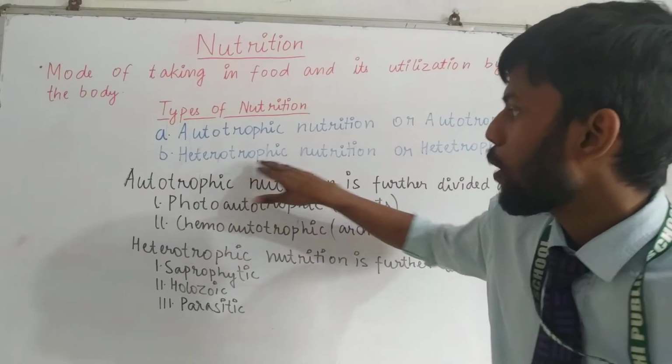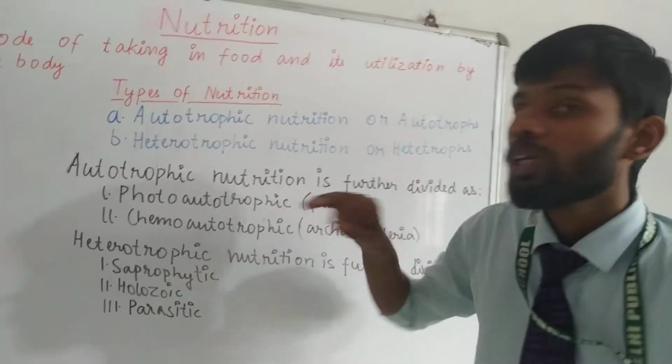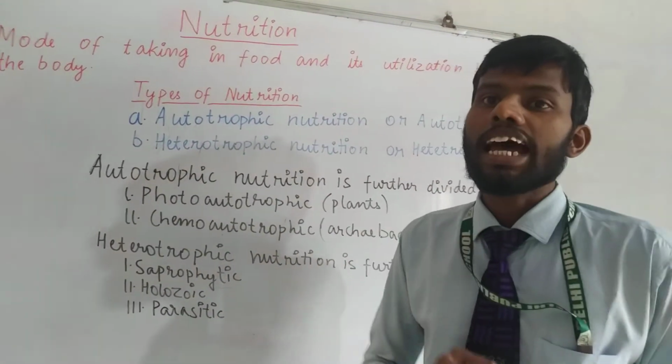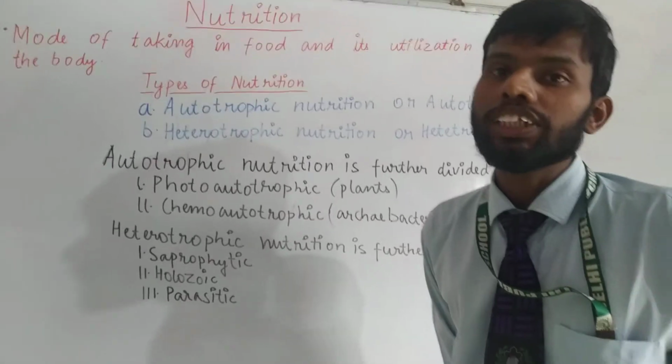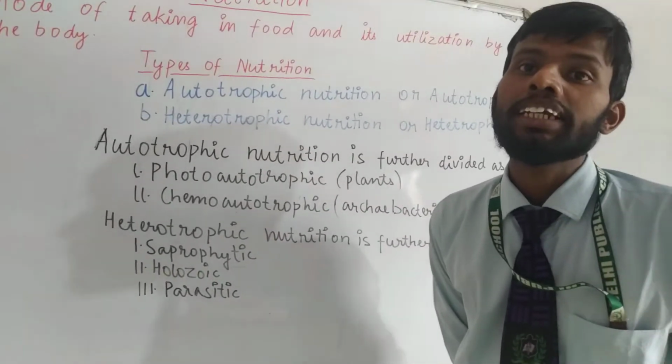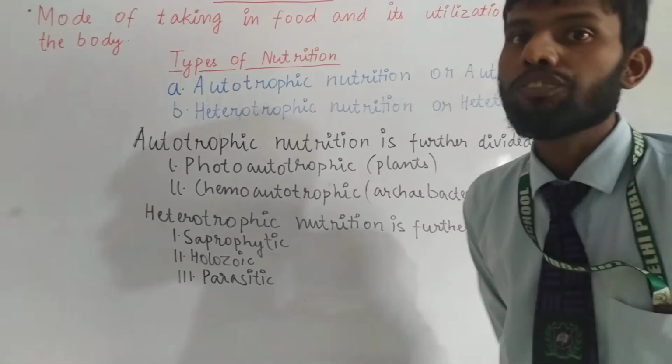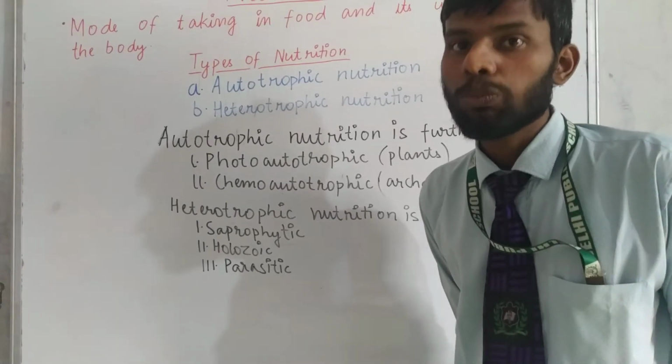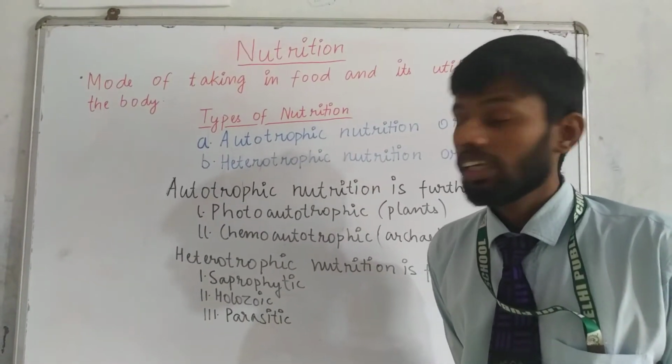Next one is the heterotrophic nutrition or the heterotrophs. Heterotrophic nutrition is that mode of nutrition in which organisms are dependent upon other organisms for their food. For example, we human beings and other animals.